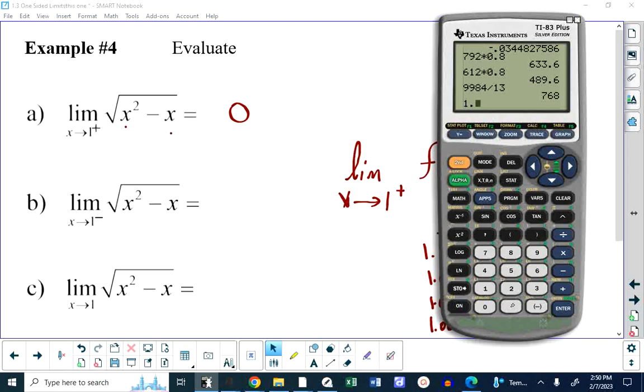I didn't ignore the square root, I just didn't talk about it. When you take the square root of an infinitely small number, you should get an infinitely small number. So 1.00001, we want to square that and subtract 1.00001. We get this little tiny number, 1.0 something times 10 to the negative 5, which means 0.00001.